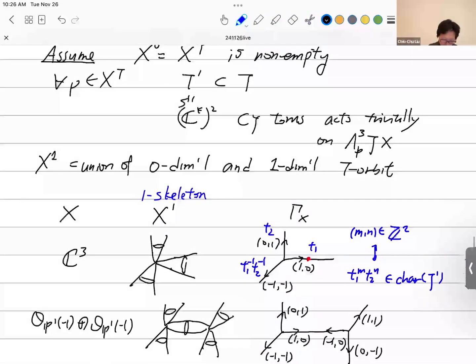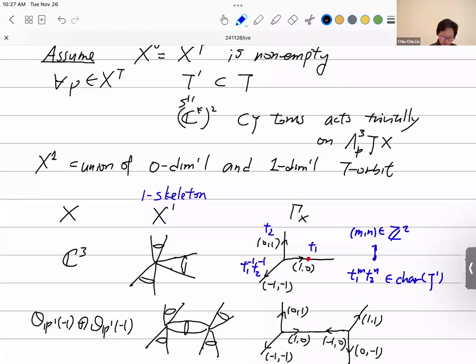And for the resolved conifold, which is the total space of O(-1) plus O(-1) over P1, there are two fixed points. The one-dimensional T orbit closure is this P1, the zero section. The fiber over each of the two fixed points is a copy of C2, and there are two torus invariant lines.